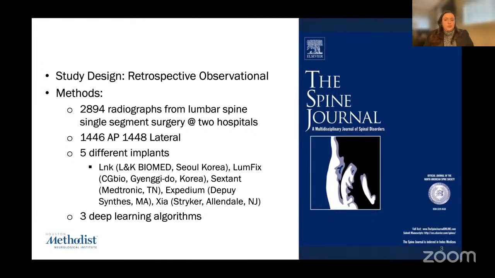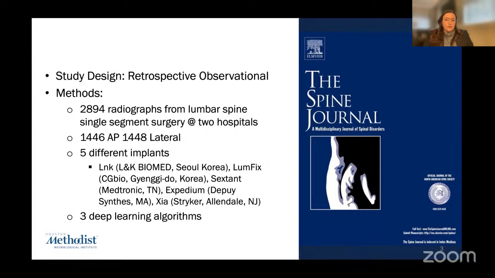So this study was designed as a retrospective observational study looking at two different hospitals. They had 2,894 radiographs looking at specifically only single segment lumbar surgery. And then those 2,080 radiographs were defined into only AP or only lateral.